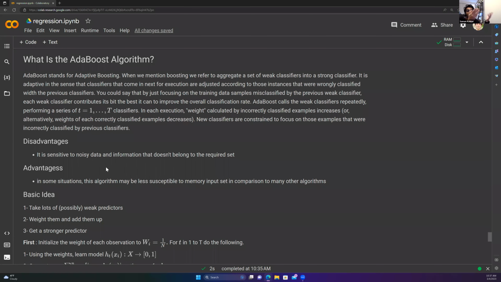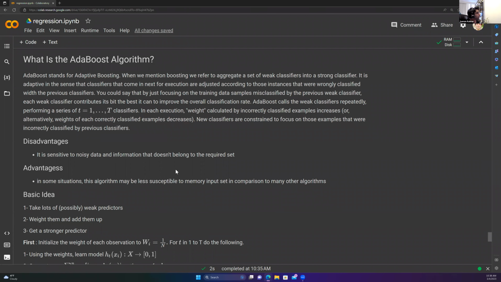We would call it the stump, and I'll talk about that shortly. And you would fit the result of the first output to the next. So that's where the keyword boosting comes from. The next stage would get a boost from the result of the first one, and so forth. It's like a step.